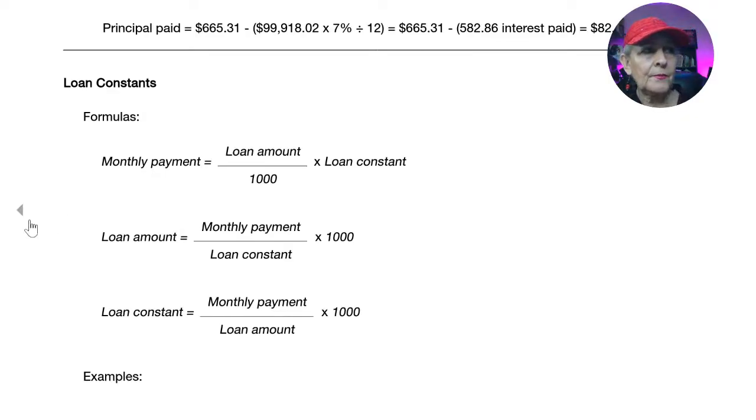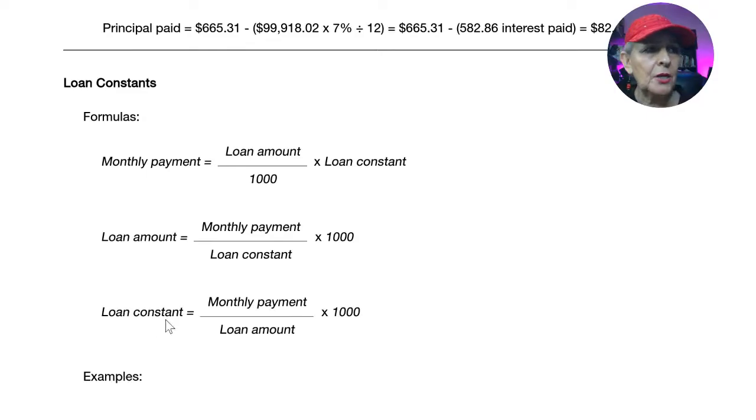Loan constants. So formulas: monthly payment equals loan amount divided by 1,000 times the loan constant. So loan amount equals monthly payment divided by loan constant times 1,000. So they took the loan amount to the other side, moved the 1,000, multiplied it, and divided by the loan constant.